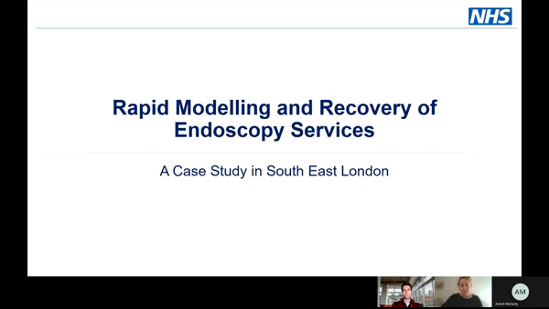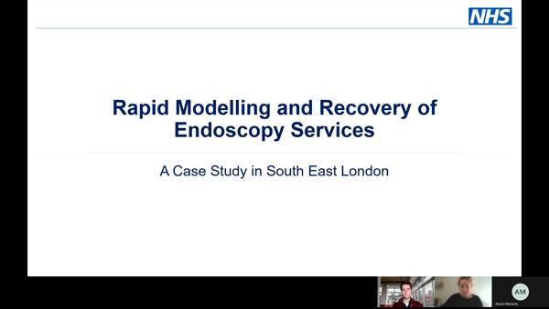I'm actually a few weeks into modelling demand and capacity for imaging and endoscopy myself across South West London and South East London sectors. That involves quite a number of trusts. So I'm really keen to hear David's experience on how he tackled the modelling and the complexities and especially the lessons learned.